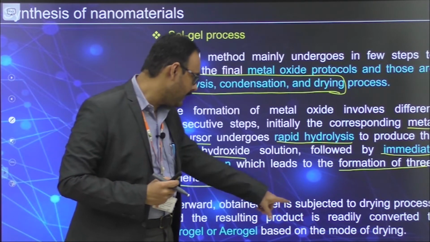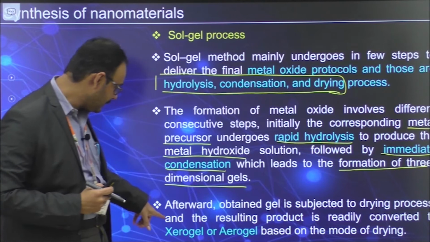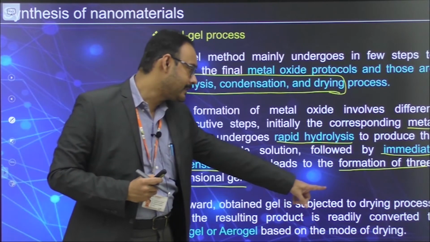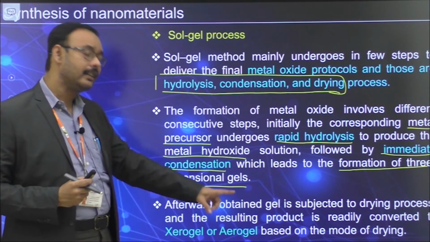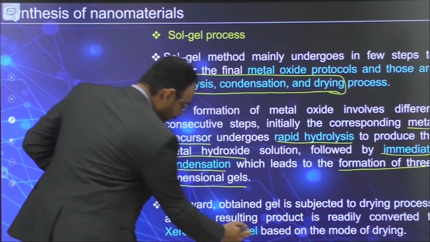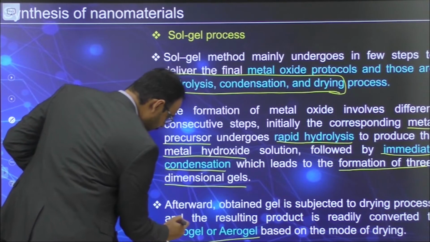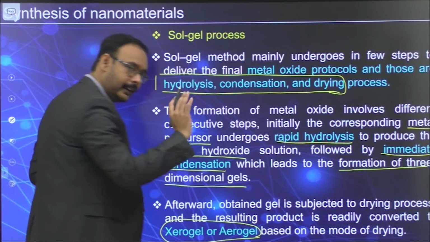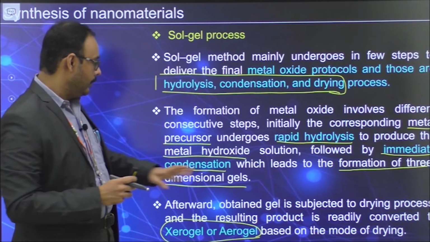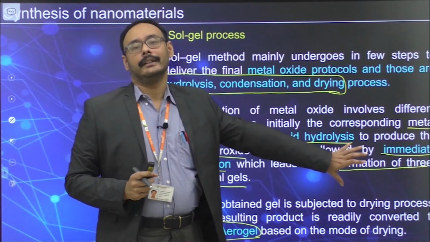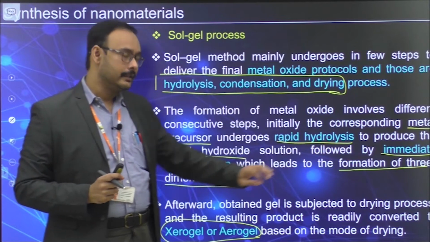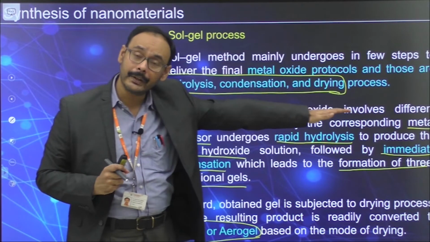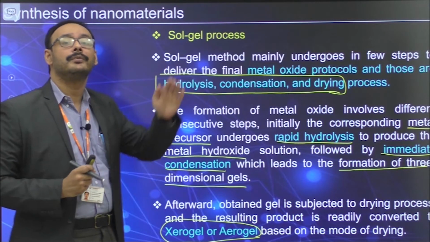Afterward, the obtained gel is subjected to the drying process and the resulting product is readily converted to xerogel or aerogel. These are certain terms of gel which we will talk about in a second, based on the mode of drying. So basically you have metal precursor that first forms sol.